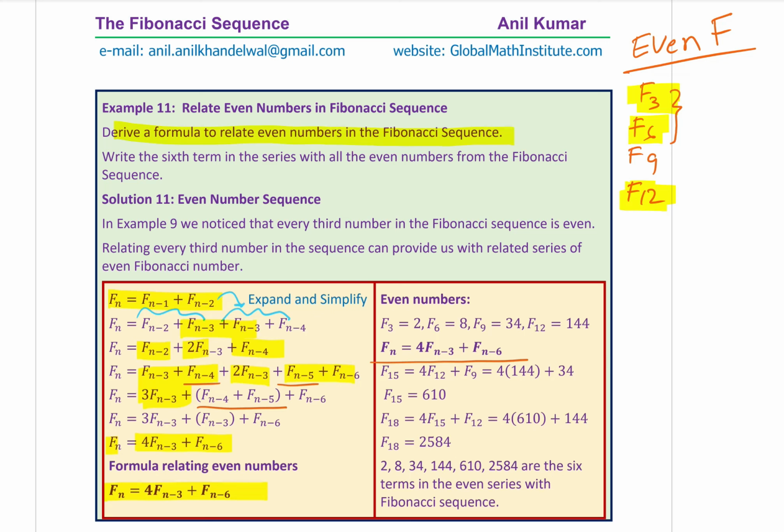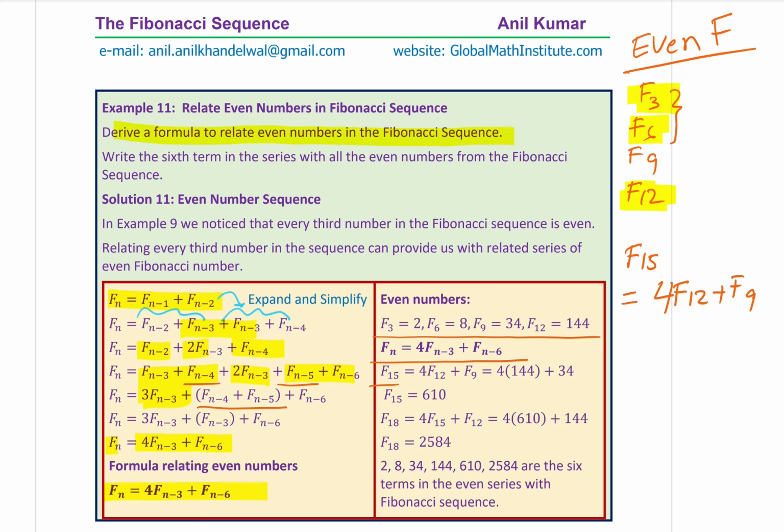If I have a series which has only even numbers, the series could be F3 is 2, F6 is 8, F9 is 34, F12 is 144. We can find what F15 is: F of 15 will be 4 times F of 12 plus F of 9, correct? So we know what F of 9 is and we know what F of 12 is.